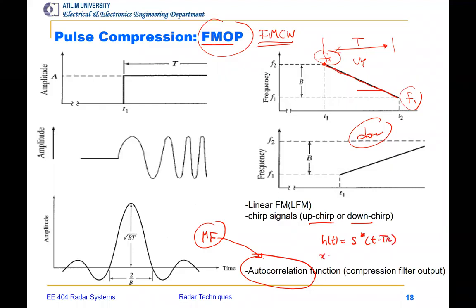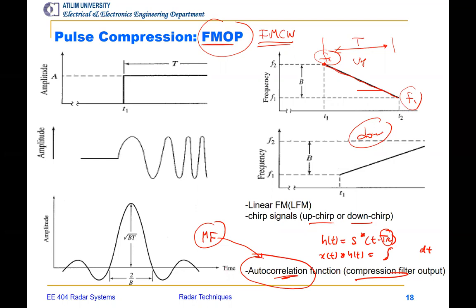So if I convolve the received signal with h of t, that's going to be a convolution, which will be autocorrelation when I choose this TR appropriately. So it's just like autocorrelation. The output of this filter, sometimes called the compression filter, which corresponds to the matched filter, is quite important.